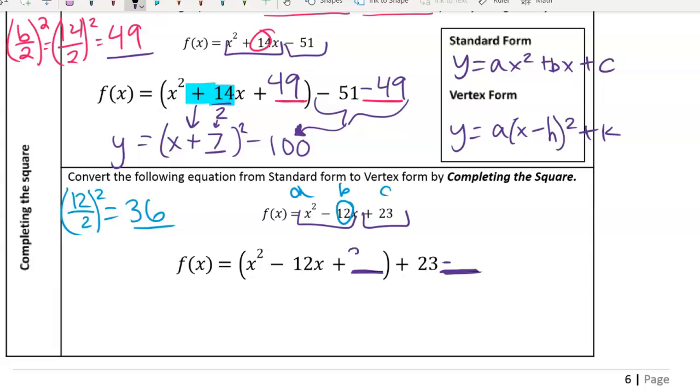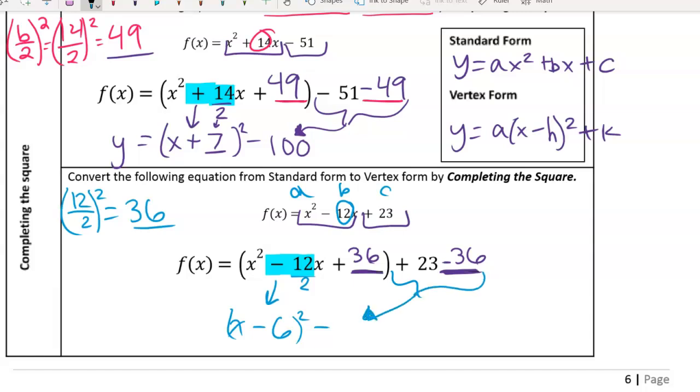All right, so we're going to add 36 and we're going to subtract 36. And now we're going to write in our vertex form. We're going to look at the negative and the 12. The negative stays the same, so that comes right down. The 12, we half it, so we have x minus 6. And then we get our outside number here, and that gives us our new k value.